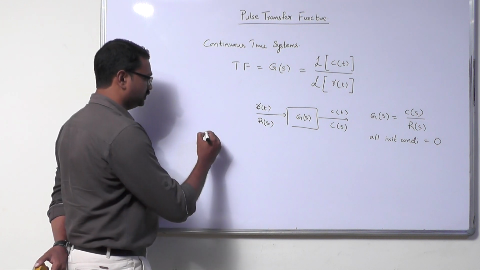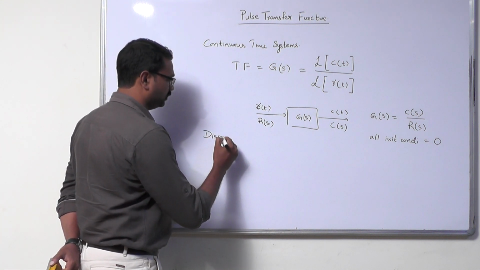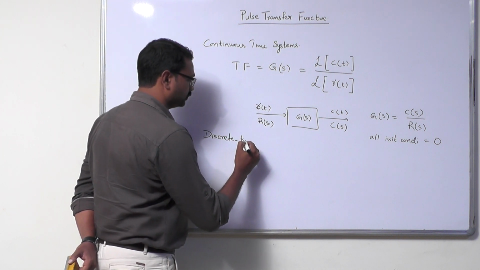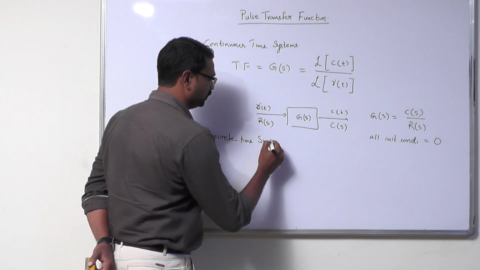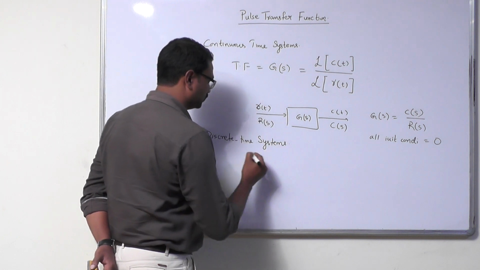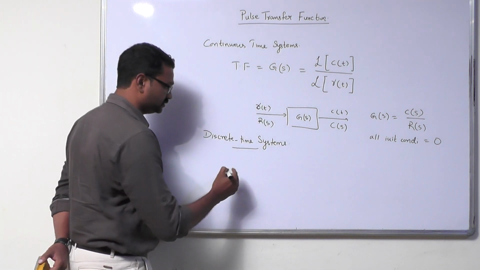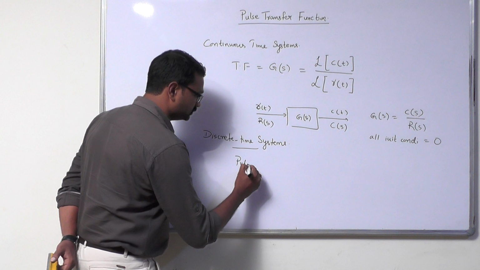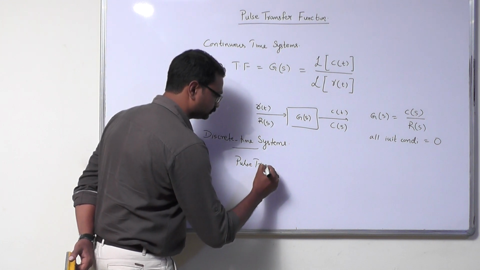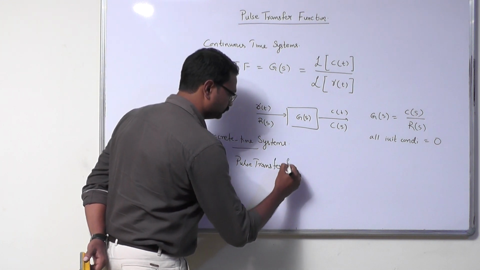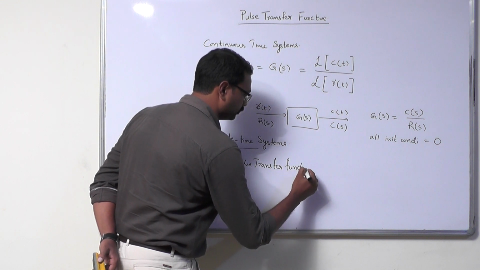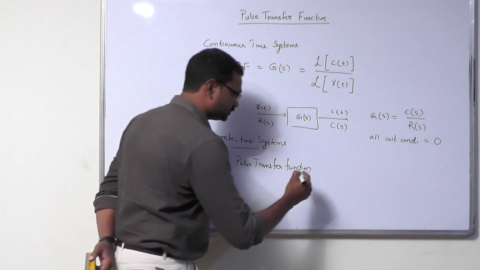Similarly, for discrete time systems, we have a similar transfer function. That transfer function for discrete time systems is called the pulse transfer function. And what is this pulse transfer function?